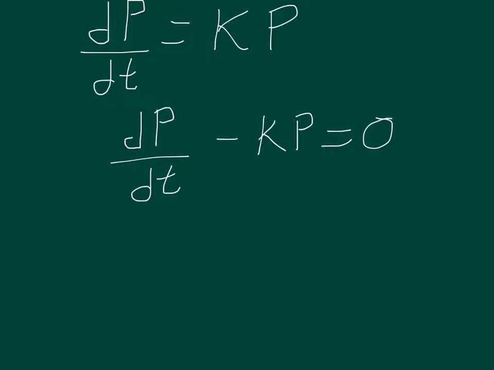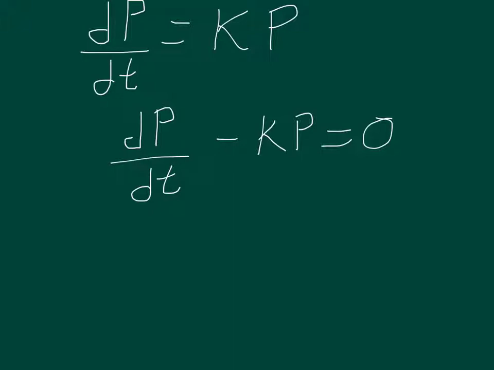So the coefficient of p here is minus k. Be very careful there. If you use k as your integrating factor, you can end up off, and you might actually get the entire thing wrong. But there are some safe ways to check and make sure that you're on the right track.